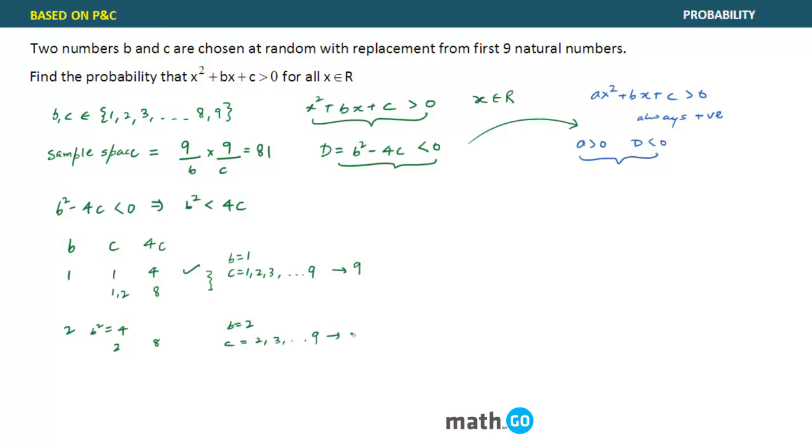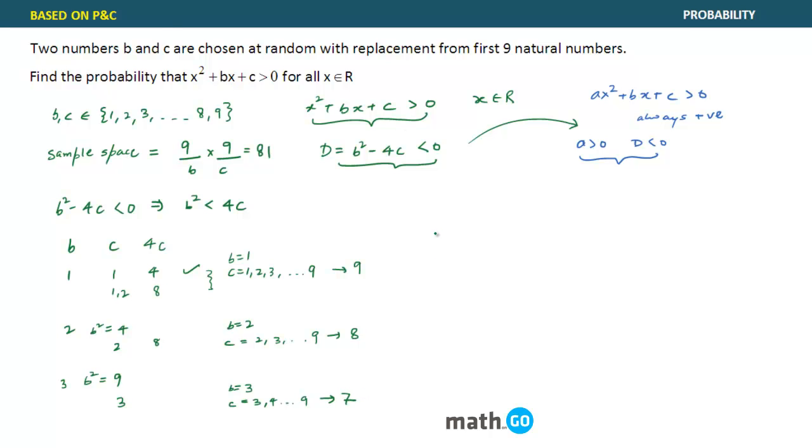How many options now? 8 options. Let's put b equal to 3. This implies b square is equal to 9. What is the minimum value of c now? c will be 3. So c starts from 3, 4 up till 9, that is again 7 values.